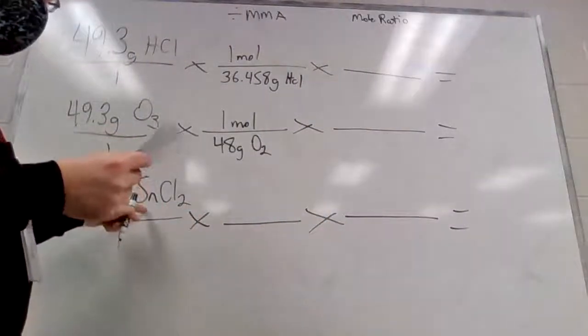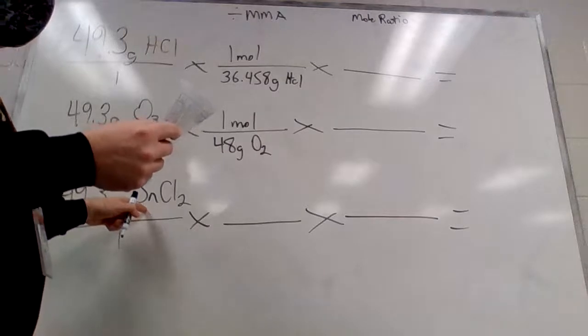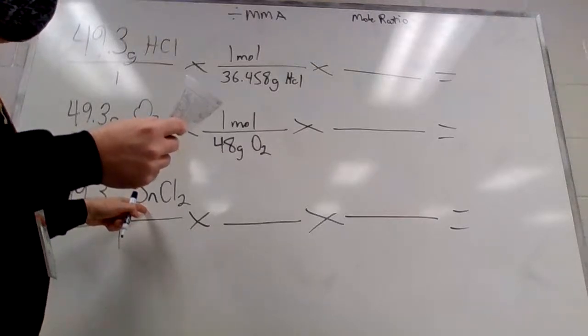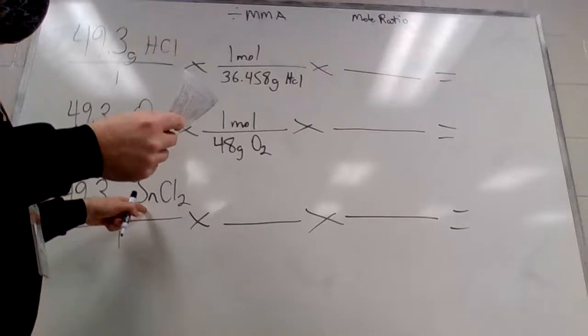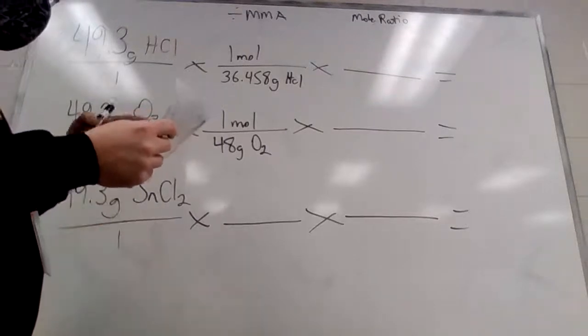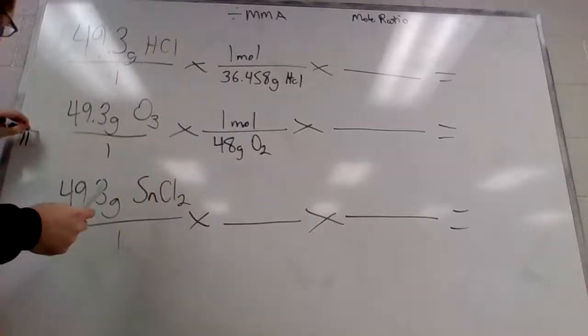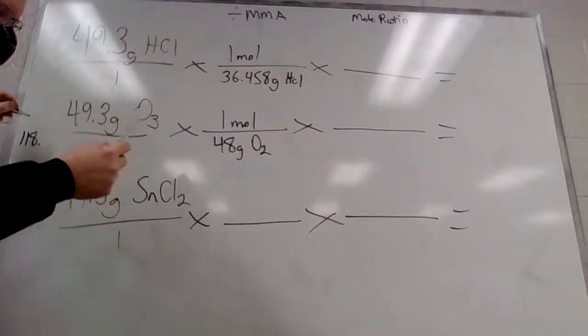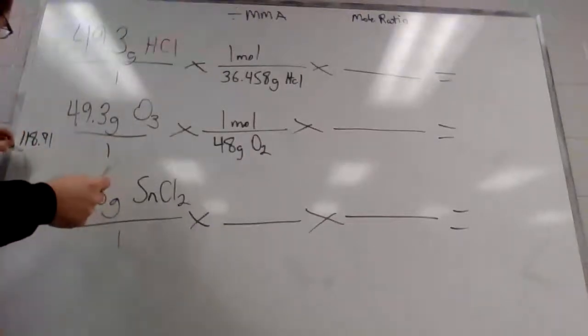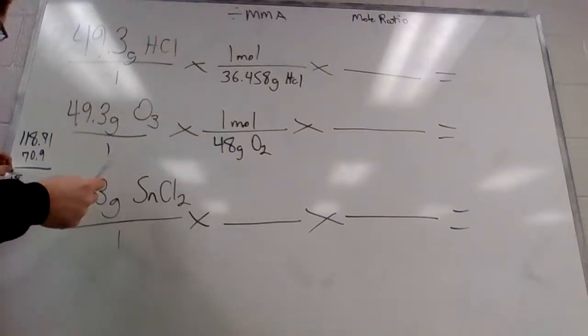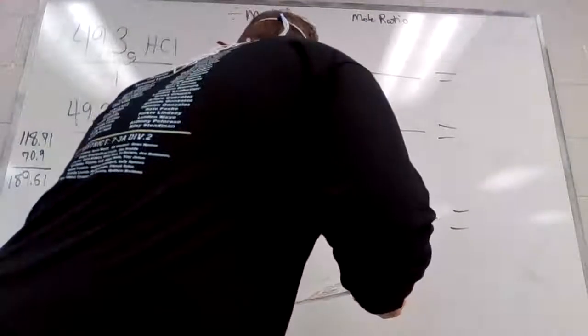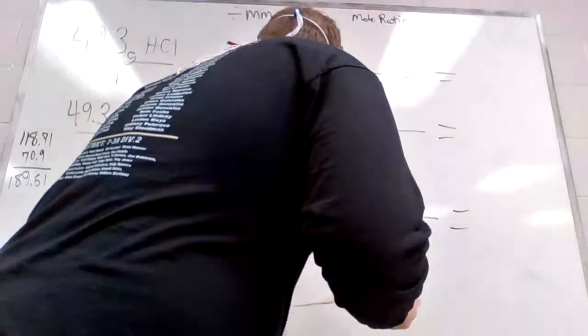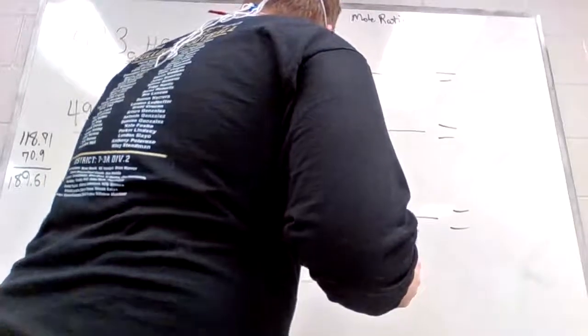And then I need to divide by SnCl2. So chlorine times 2 is 70.9. Yeah. 70.9 plus a tin, which is 118.71, plus 70.9 is 189.61. 189.61 grams of SnCl2 for 1 mole.